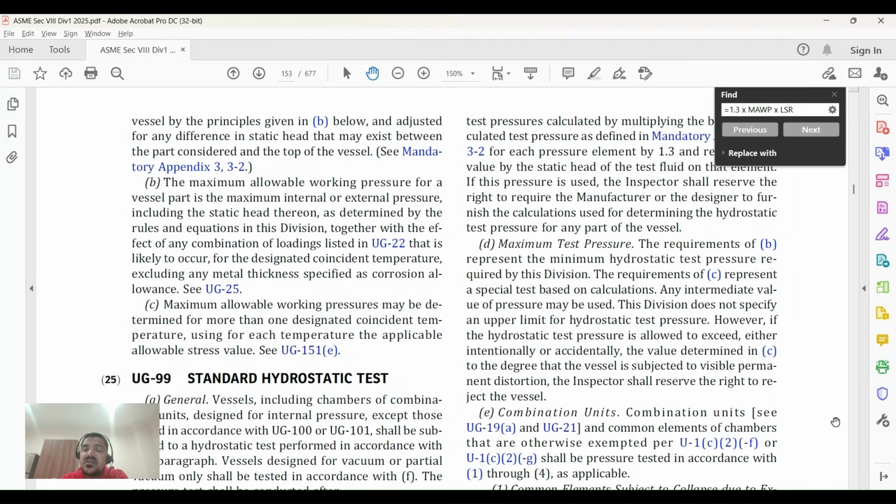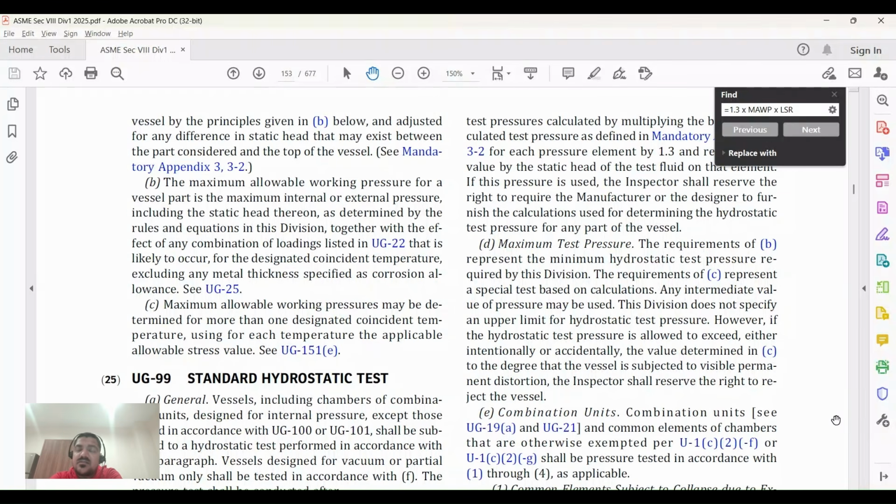See, for example, you are having the test pressure calculated as say 100 kg per centimeter square. So you are having the minimum test pressure as 100. Now if it goes more than that sometimes, how much over pressurizing is allowed?